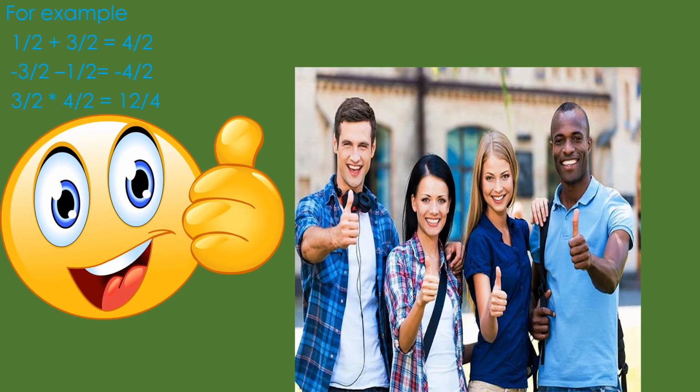For example, 1 by 2 plus 3 by 2 is equal to 4 by 2, which is a rational number. Negative 3 by 2 minus 1 by 2 is equal to negative 4 by 2. Actually, I need to put a bracket here. Now, 3 by 2 into 4 by 2 is equal to 12 by 4.